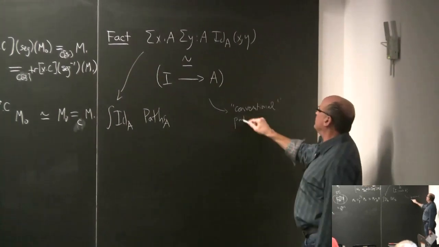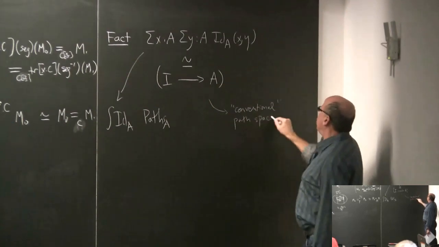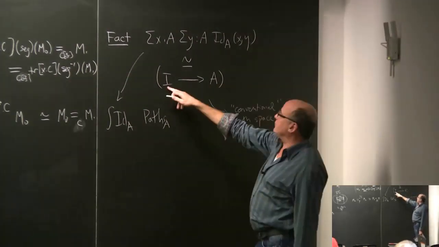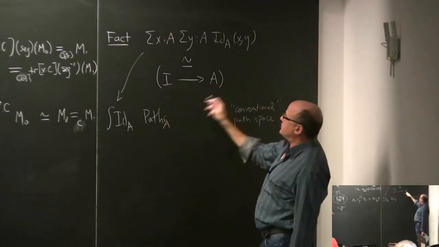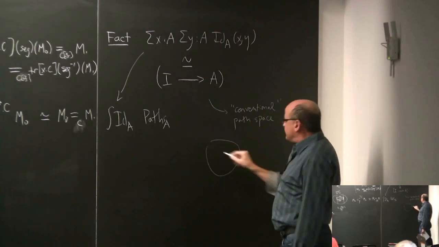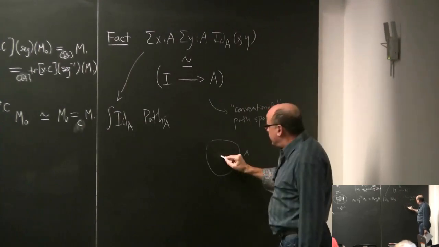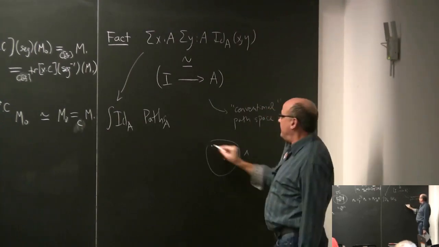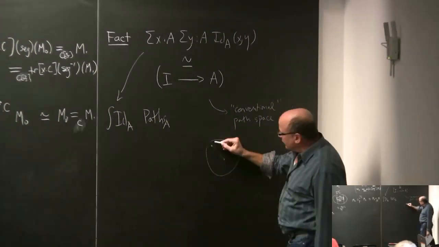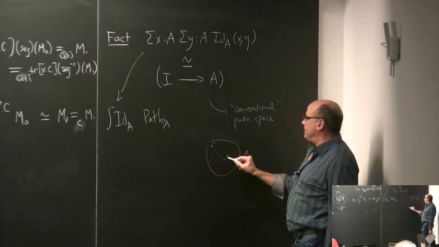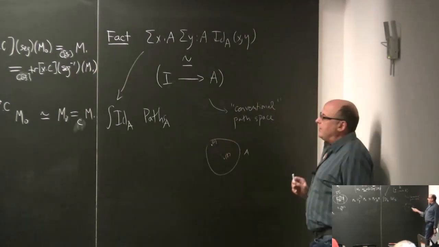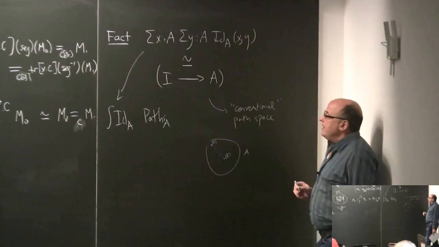It's a little problematic because conventionally this would be a piece of the real line, and A would be a topological space, and a path in A consists of a set of points, one for each thing in the unit interval, where this is what 0 does and this is what 1 does. This is the image of 0 and this is the image of 1, and you find that line in there.